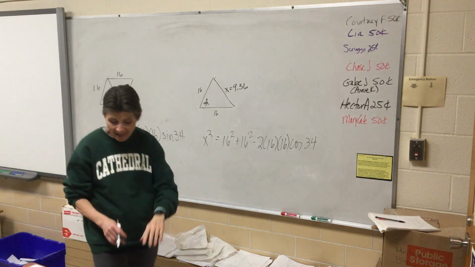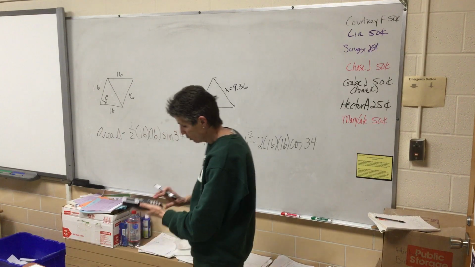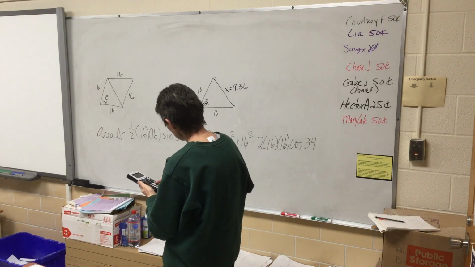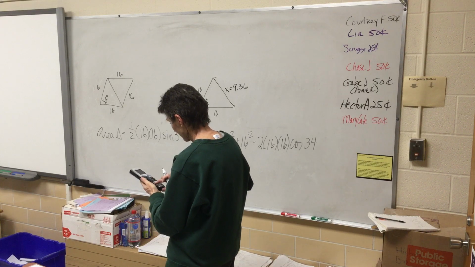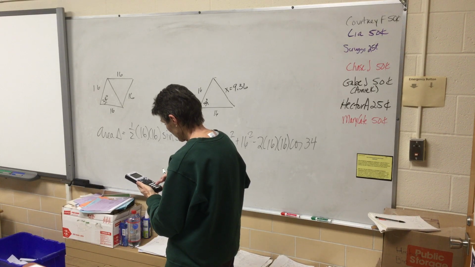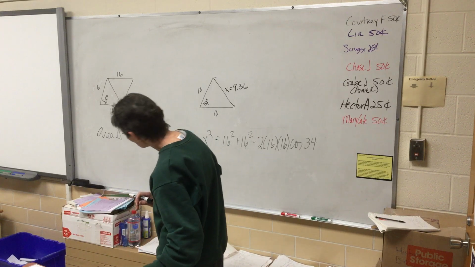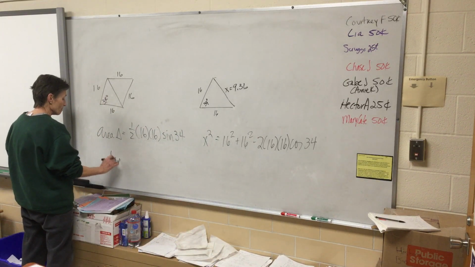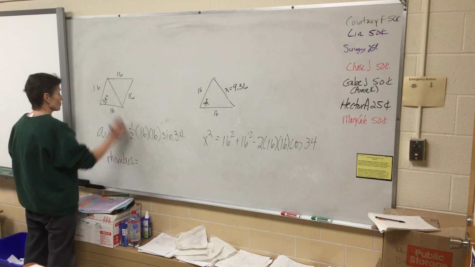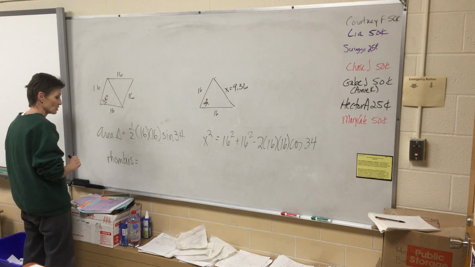Yes. So then how will I find the area of the whole rhombus? Multiply by 2 at the end. Bingo, multiply by 2 at the end because there's 2 of these triangles in the picture.